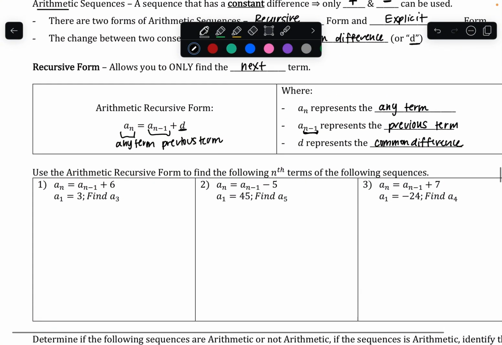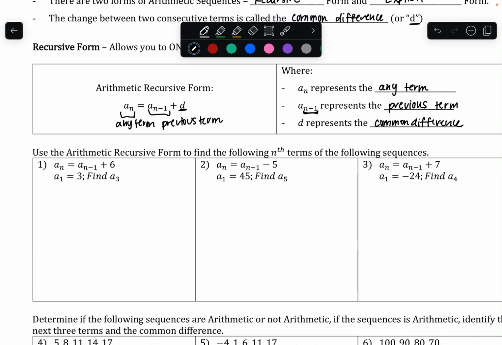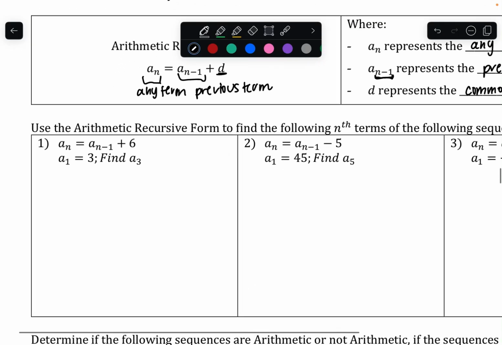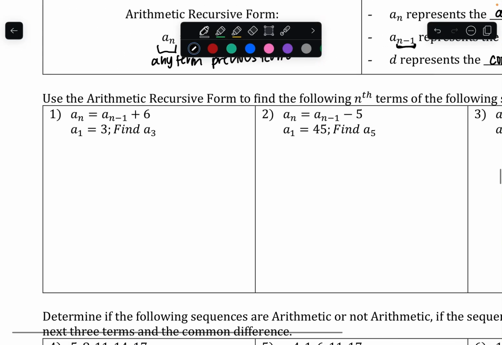And so in recursive form, it's not really a formula that's helpful. It's more just telling you what the pattern is, okay? And so looking at number 1, it says you can get to any term by taking the previous term and adding 3. So if I want a sub 3, I'd have to get a sub 2. And a sub 2 is found by taking the previous term, a sub 1, and adding 3.